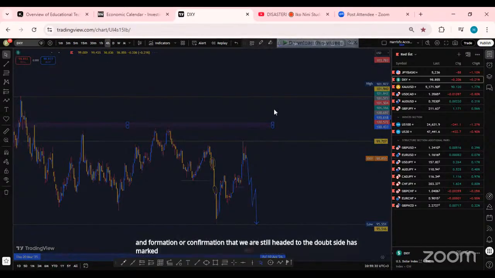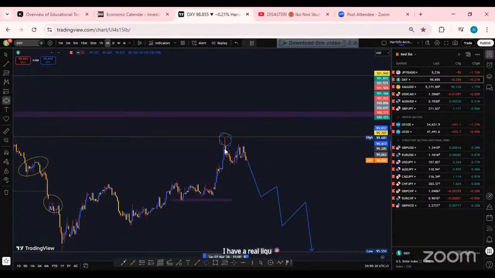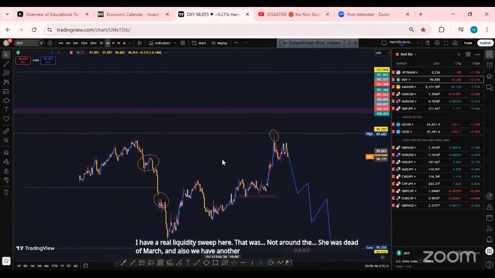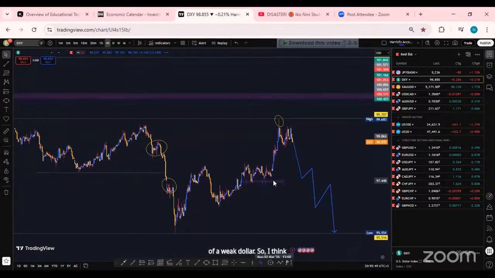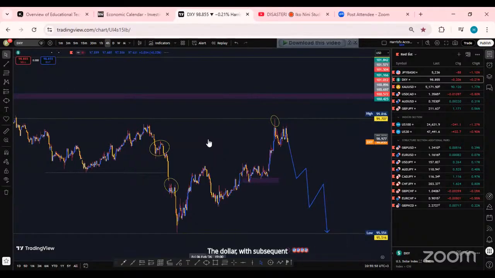Also, we have a clear liquidity sweep here that was done around Tuesday, 3rd of March, and another confirmation of a weak dollar. So with all those confluences, it's now comfortable to look for shorts on the dollar with subsequent pairs.